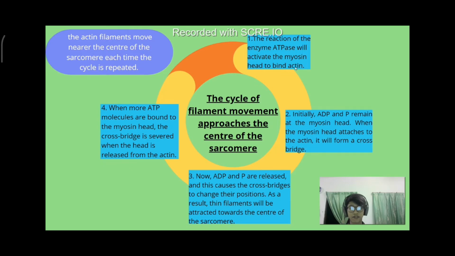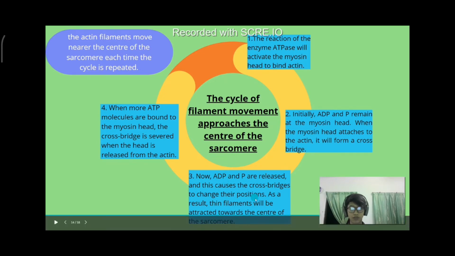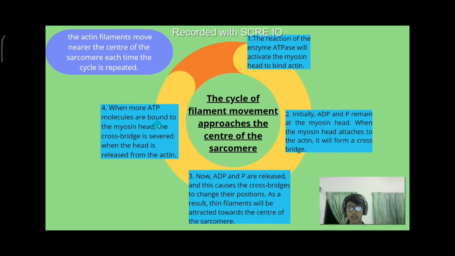Now ADP and phosphate are released. This causes the cross bridge to change its position. The thin filament will be attracted towards the center of the sarcomere. When more ATP molecules are bound to the myosin head, the cross bridge is severed when the head is released from the actin.